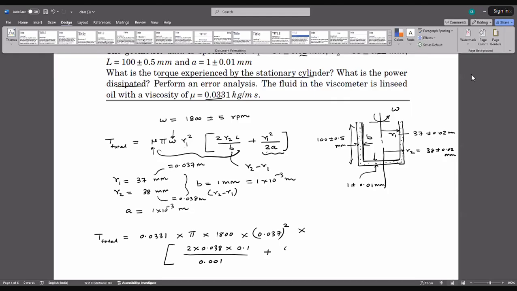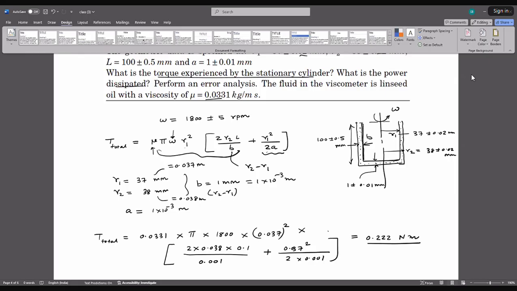Plus R1 square, 0.037 square, divided by 2 into A. A is 0.001. So if we do the calculation, we will get this as 0.222 Newton meter. That is the total torque experienced by the stationary cylinder.